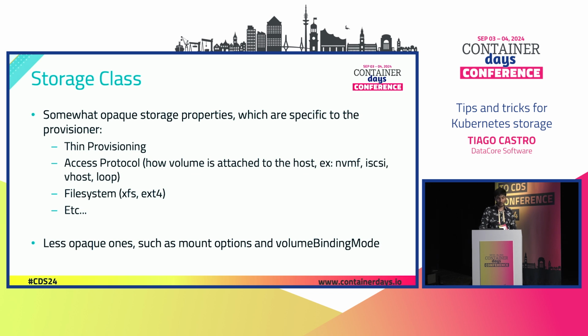NVMf is one that's been used more lately. There's also iSCSI, vhost, and even loop devices. Some drivers also let you choose which file system you want to use: XFS, BTRFS, ext4, etc. Then there's a less opaque one, such as mount options for your file system and the volume binding mode. And I'm going to touch upon the volume binding mode a bit later.